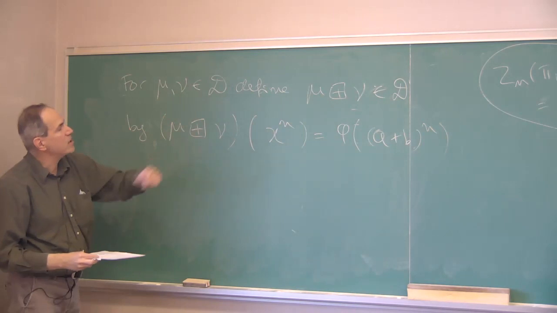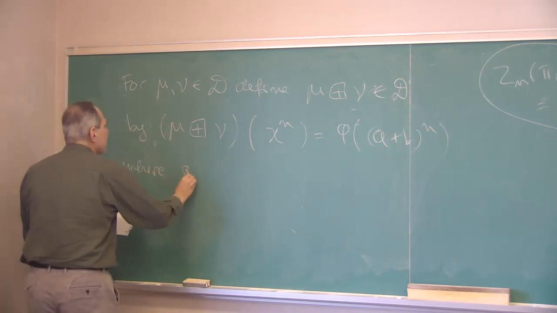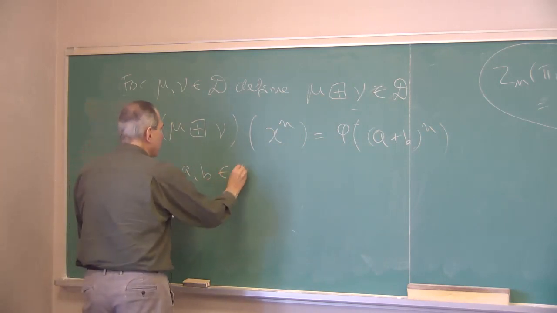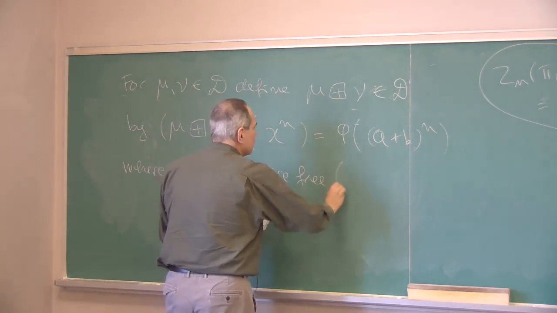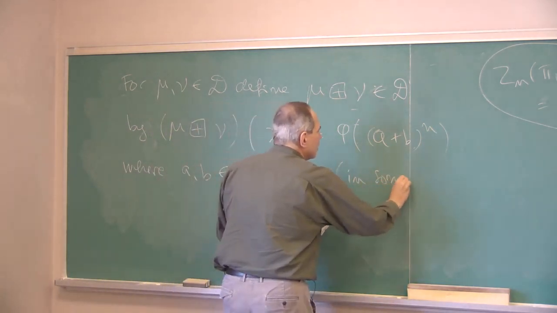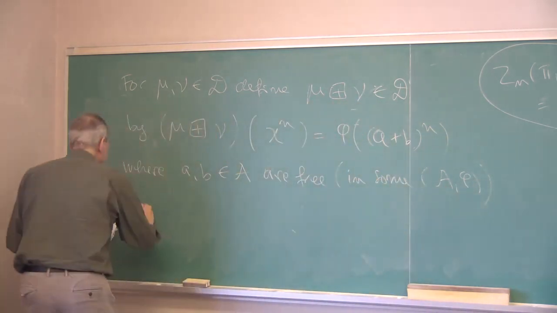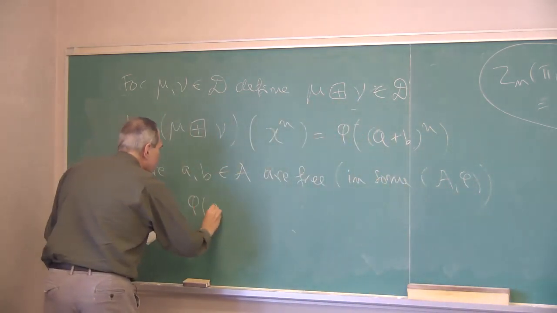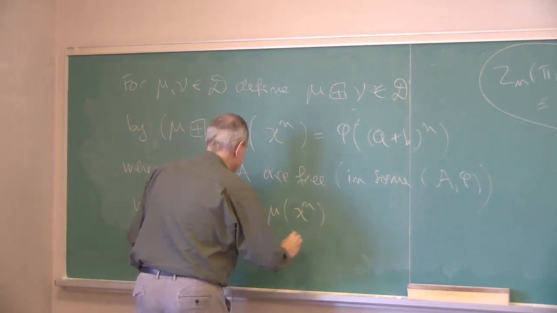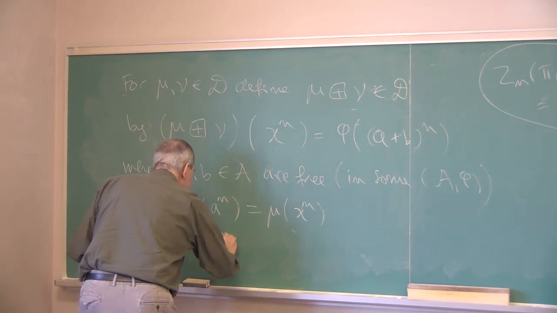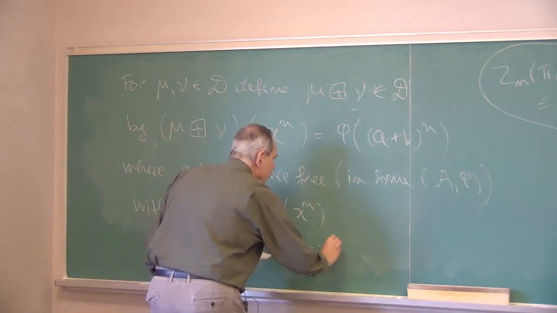They are just phi of (a plus b) to the n, where a and b are two elements which are free, in some abstract space with phi, where a follows mu, so phi of a to the n is mu of x to the n, and phi of b to the n is nu of x to the n for all n.